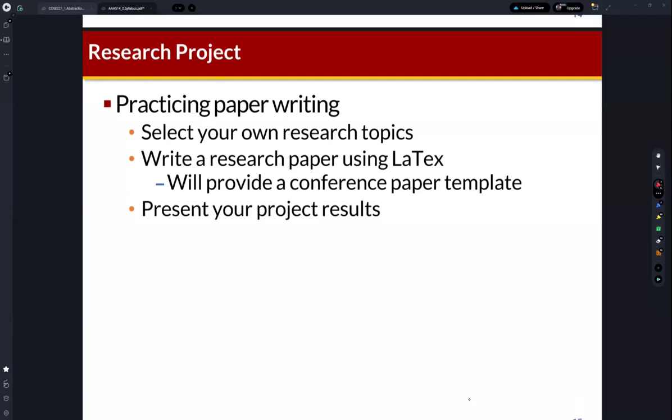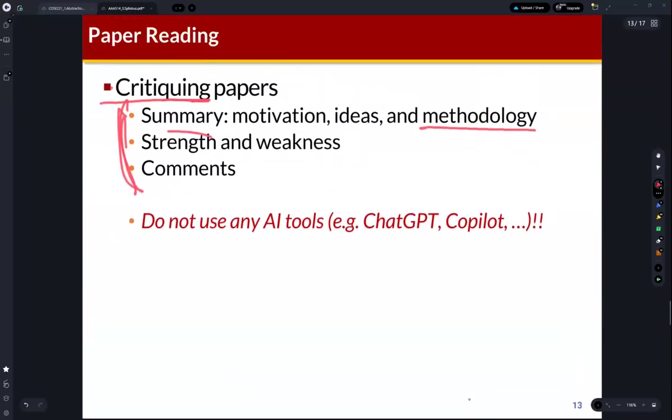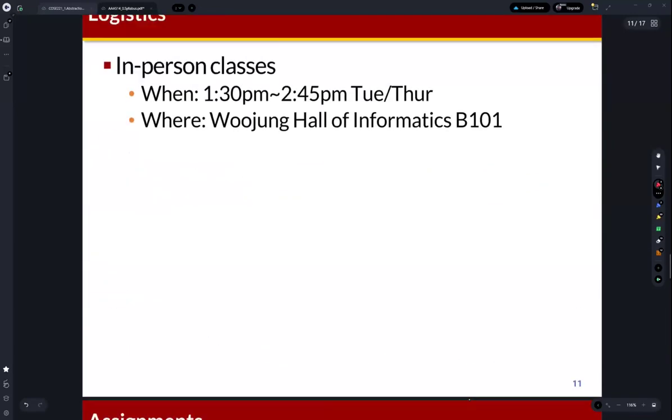By choosing any simulator, and choosing your own research topic, you can write down your own research paper. Okay, and then finally you can present your project result. So those are my plans for this course. Okay, so any questions?